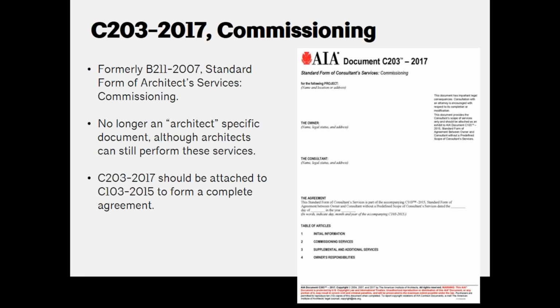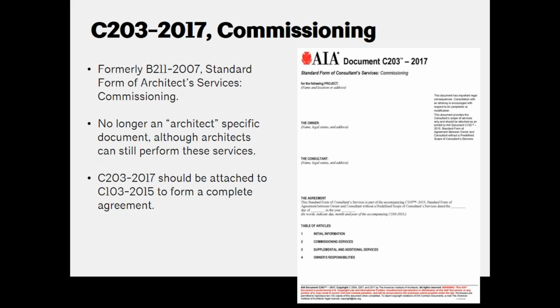Well, we've done quite a lot of soul searching at our own documents committee meetings, and we really realized that while architects can do commissioning services, this is not the realm in which architects are dominating the industry. Most often you have MEP engineers who are doing commissioning.